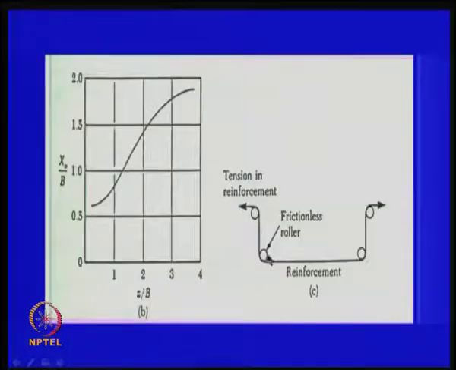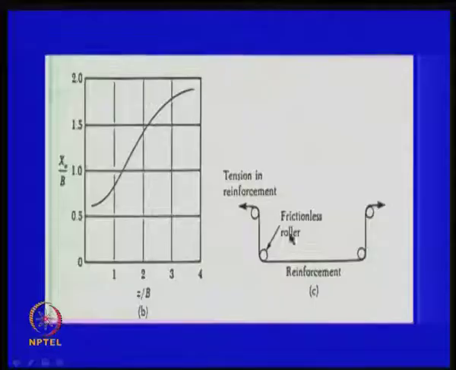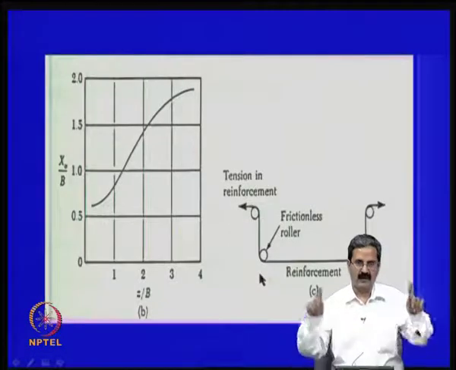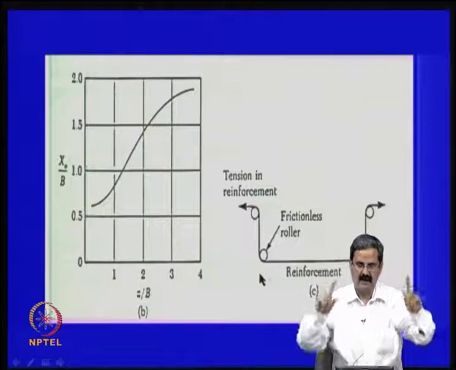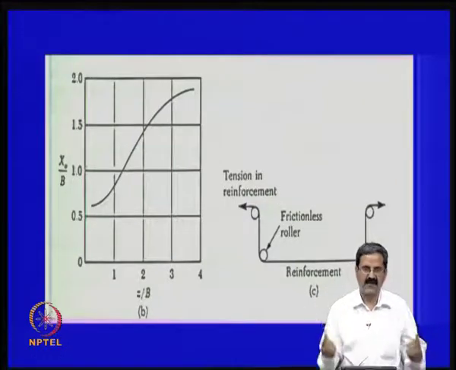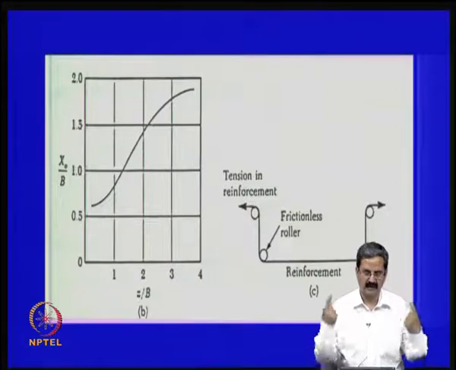at the point x naught, say for example, there is a kink there. So, for the reinforcement, we assume that at that point x naught there is a frictionless roller, and what it means is that there is a load acting here, T. The moment I assume there is a roller here, tensile force will act like this, that is what it means.